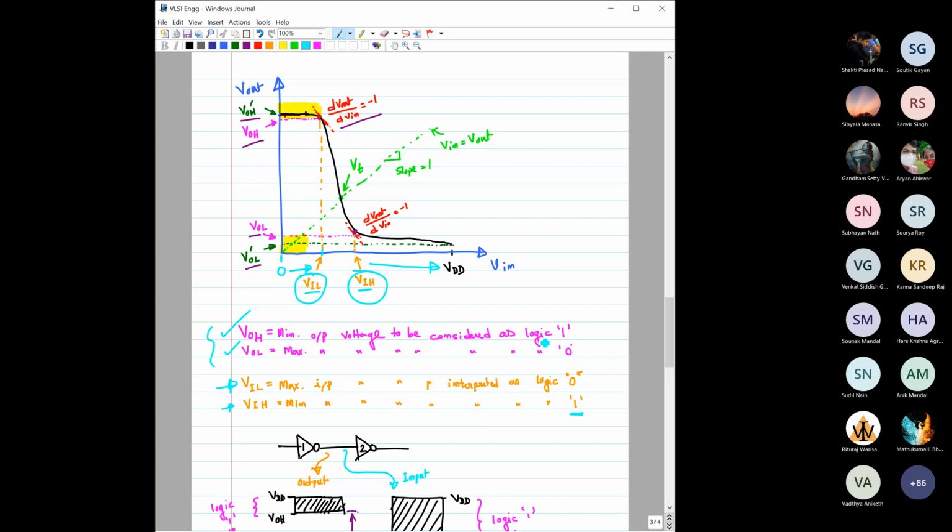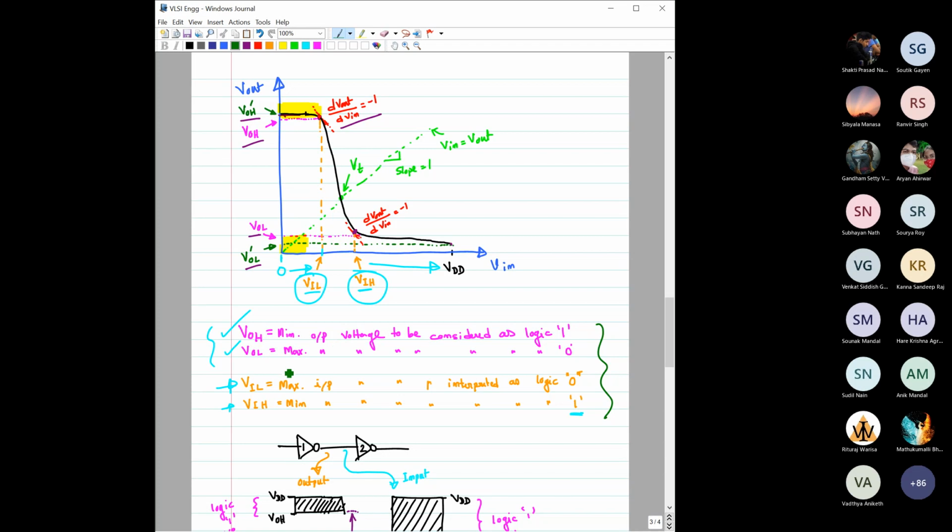One thing is quite clear from this: VOH, VOL, VIL, VIH are dependent on the VTC of this gate only, right? If you change the design, your VTC changes, and these values will also change.